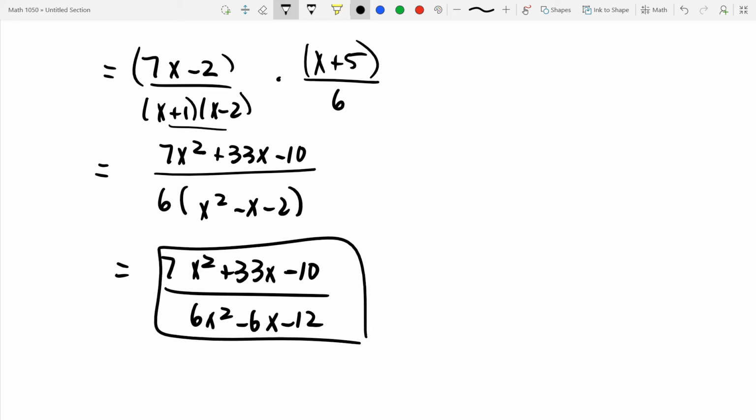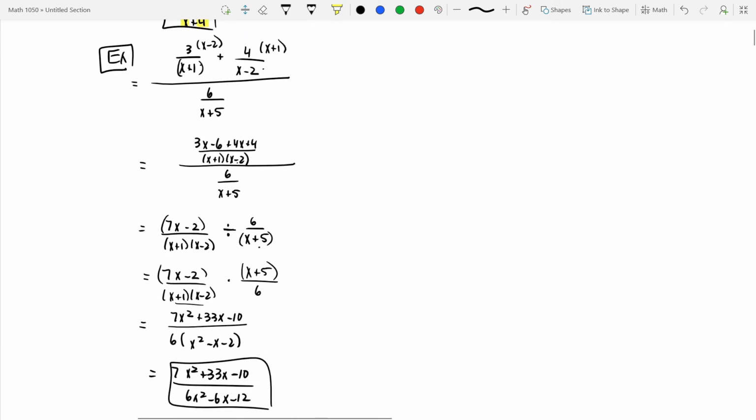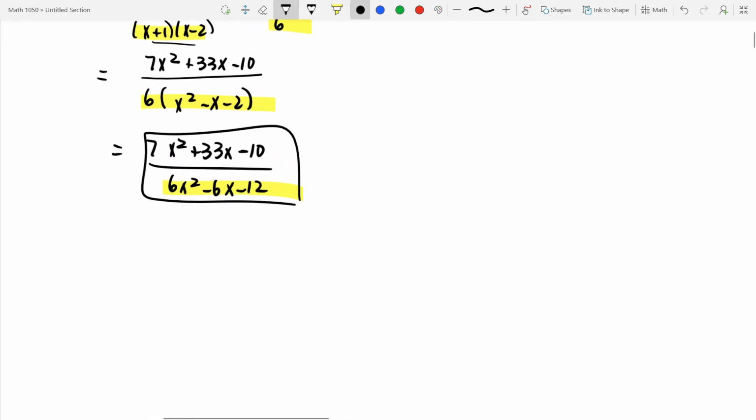If they ask me for domain, by the way, remember you have to look at every denominator that was ever throughout the problem. So look, here, here, here, here, here, here, here, here. Okay? This guy right here is a restriction, but as long as I use the guy up above, I've already done everything on that one.